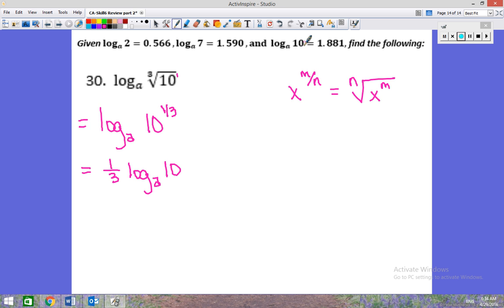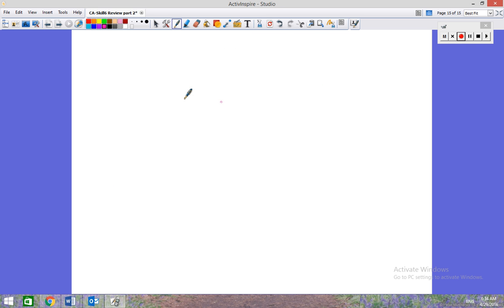And they give us the log base A of 10. So when I do that multiplication, I get 0.627. That's to 3 decimals, since they did these to 3 decimals, I'm giving my answer to 3 decimals.